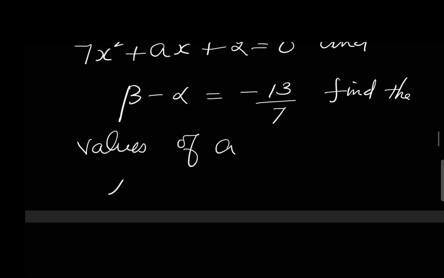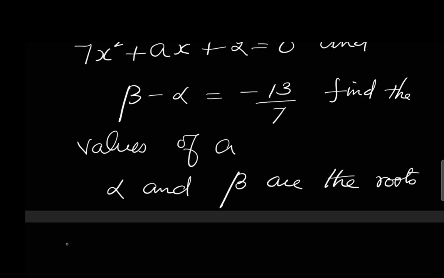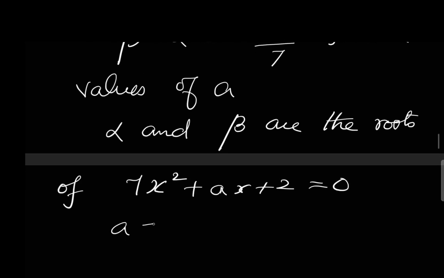First you take that alpha and beta are the roots of 7x squared plus ax plus 2 is equal to 0. So here a is 7, b is a, coefficient of x here, and c is 2.